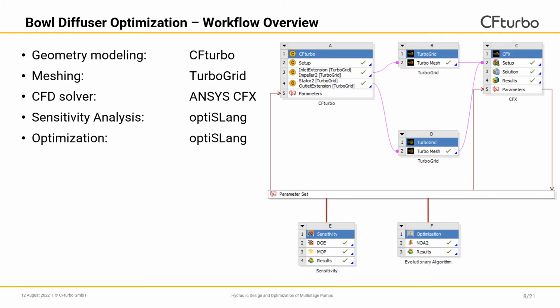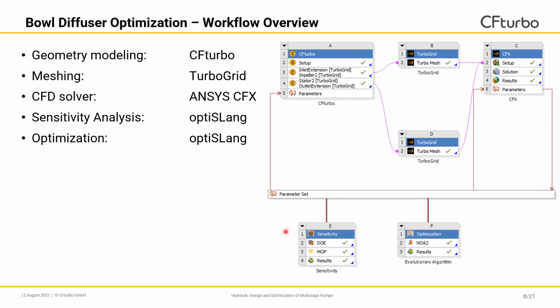On the right-hand side, you can see the workflow that was set up inside of ANSYS Workbench. CFturbo creates the turbomachinery design, controlled by parameters inside of the parameter set, and then we transfer the geometry to TurboGrid to create the computational meshes. Inside of the CFX system, we set up our flow problem and solve it, and then we transfer results back into the parameter set.